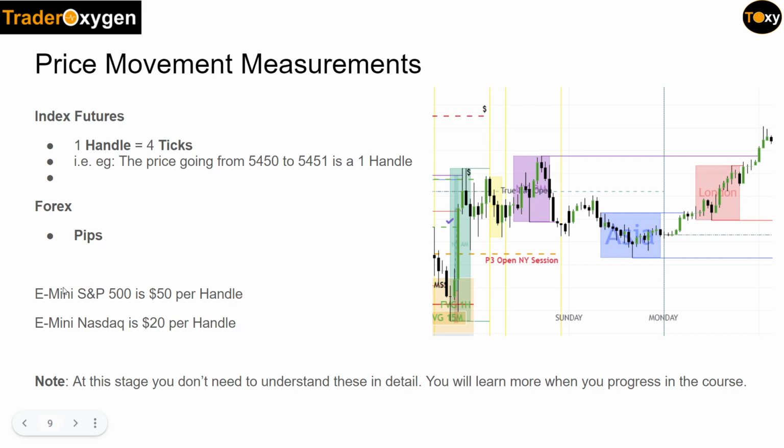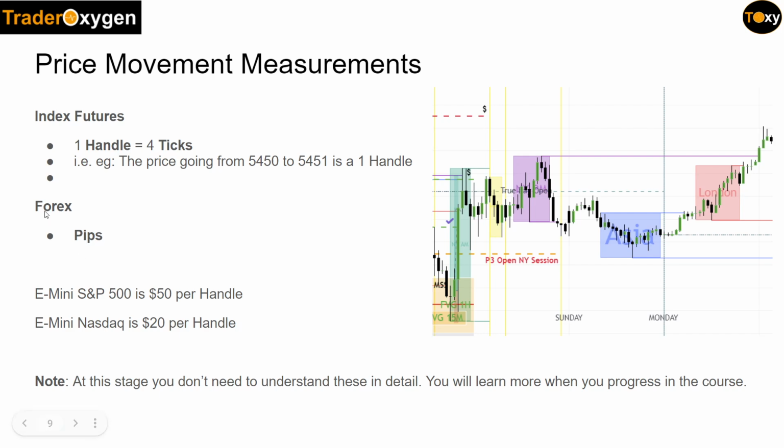If you look at the bottom, in E-mini S&P 500, the value per handle is $50. In E-mini Nasdaq, a per handle move is equivalent to $20. If what I'm telling you is not clear, don't worry. When we show the next lessons, you will understand what this exactly means.